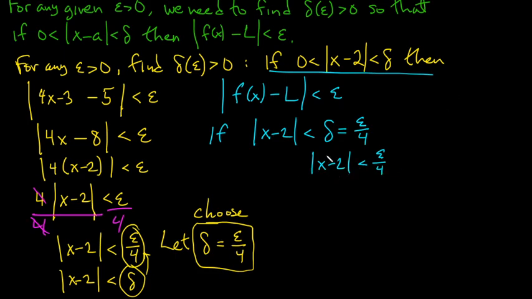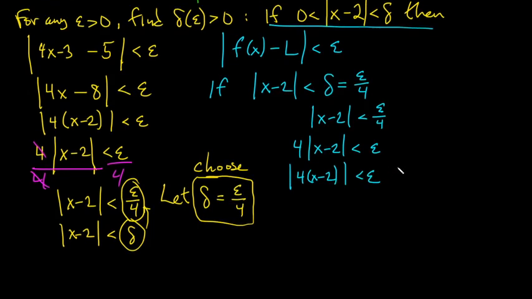Okay, so just multiply both sides by 4. No problem there. And I can bring the 4 inside the absolute value as well. And I can multiply through by 4. So I get 4x minus 8. In absolute value, that has to be less than epsilon. And I can split this apart.